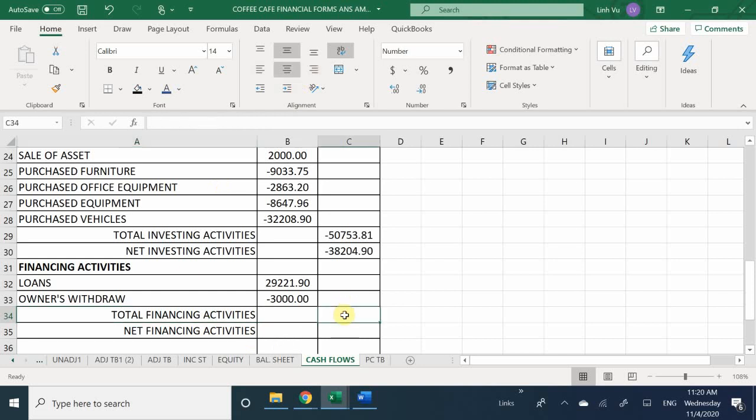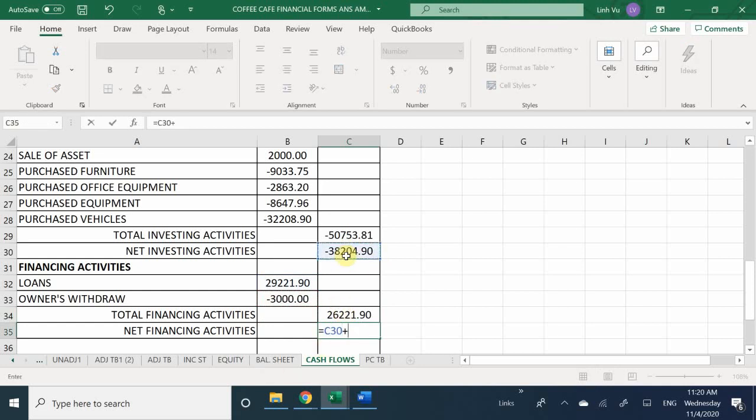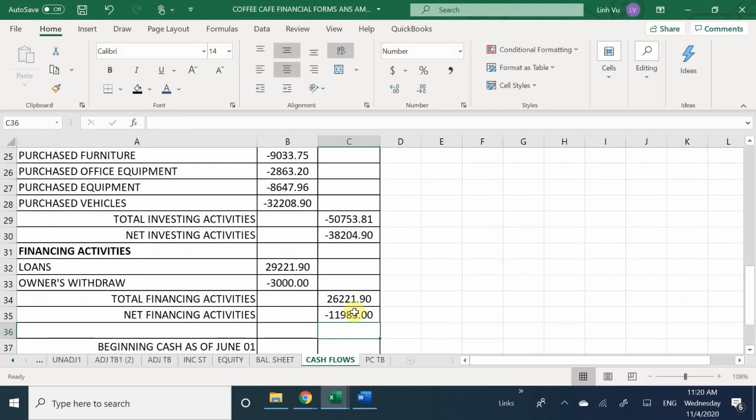And let's go ahead and add that total together. All right, so I have a positive 26,000, and what I'm gonna do is I'm gonna add these two together. So this is how much money I supposedly have spent because it's negative now.